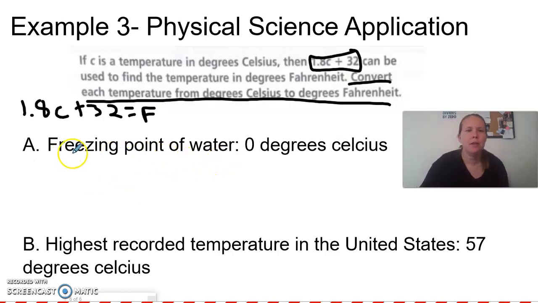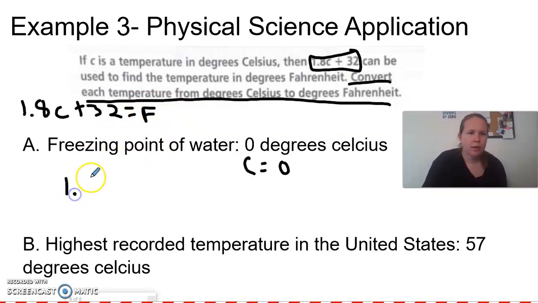And so your first one here says the freezing point of water. So the freezing point of water is 0 degrees in Celsius, okay? So remember that our actual problem was to convert all Celsius to Fahrenheit. So basically this means I'm taking this equation and I'm plugging in 0 for C, all right? So I'm going to take this equation so that we can figure out what F is, or figure out what the solution is.